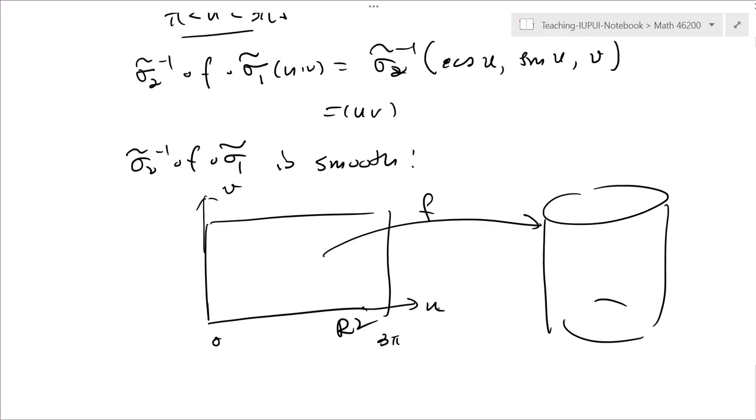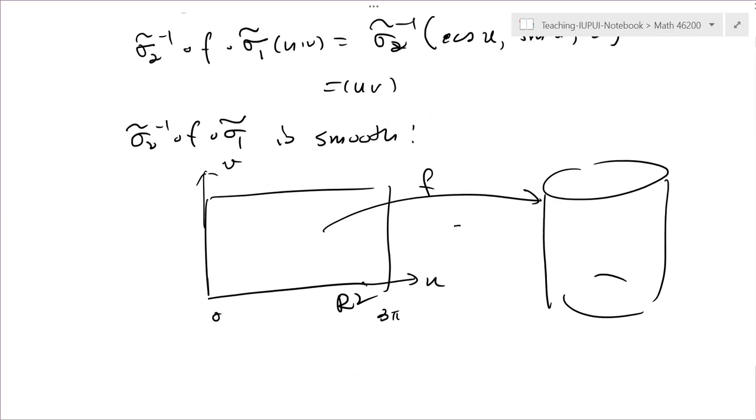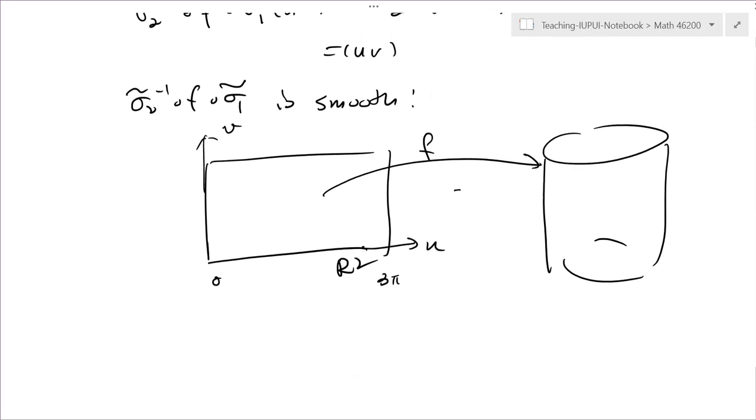Okay, right? And how about the other area? The other area is repeated. It's a periodic function. So the only difference here, if you choose for example UV in R2 with U greater than 2 pi and less than 4 pi, right?